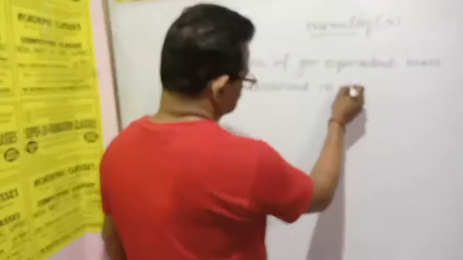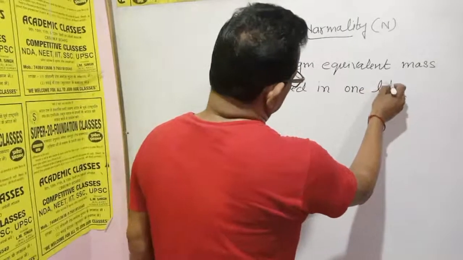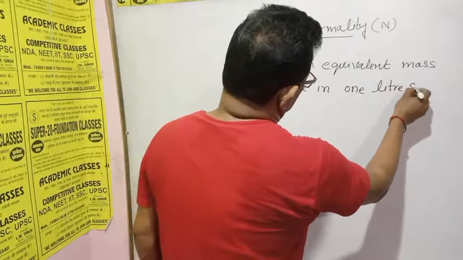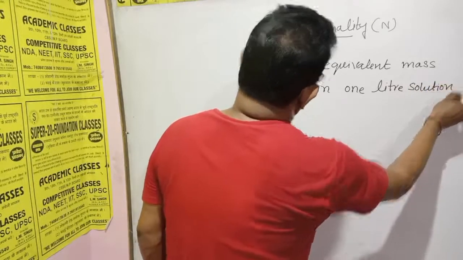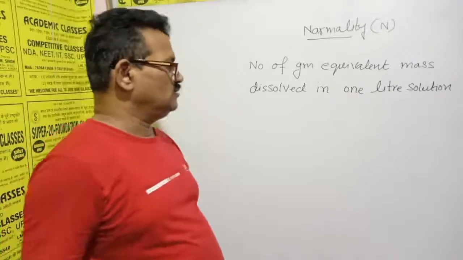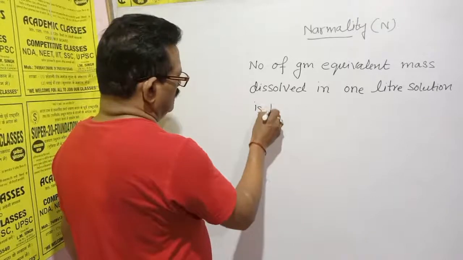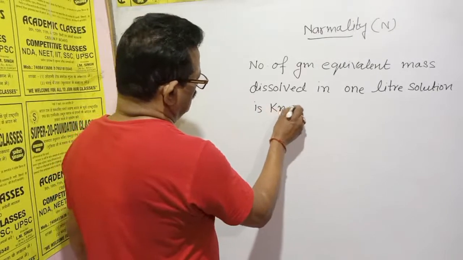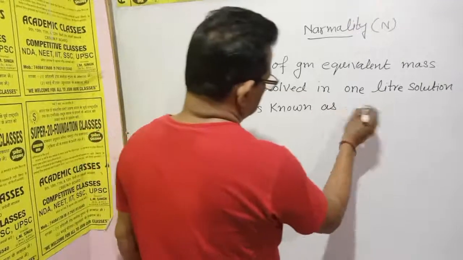Number of gram equivalent mass dissolved in 1 liter solution is known as normality.